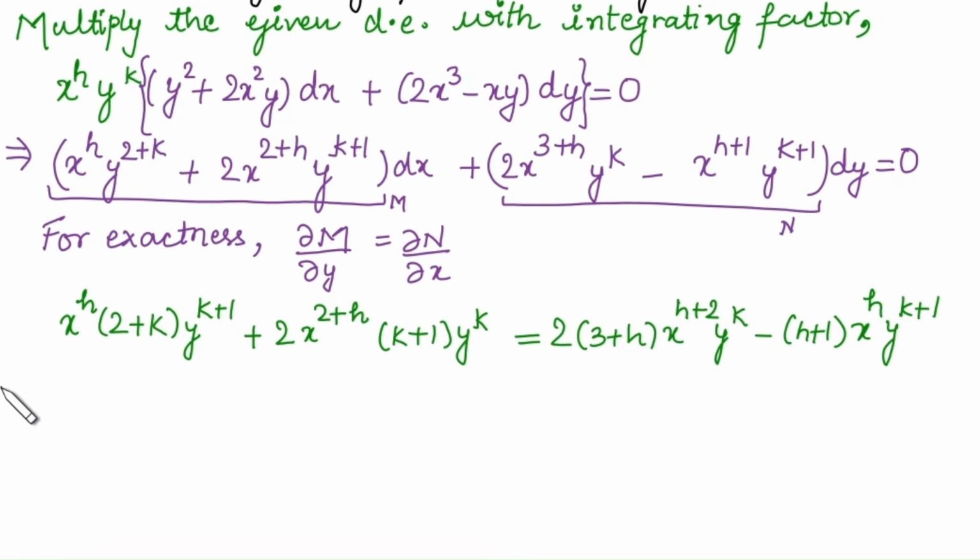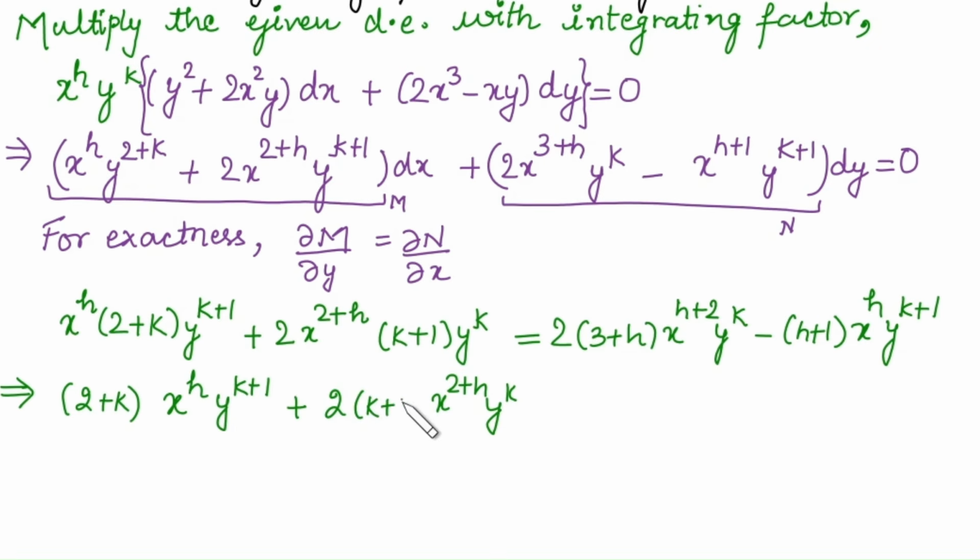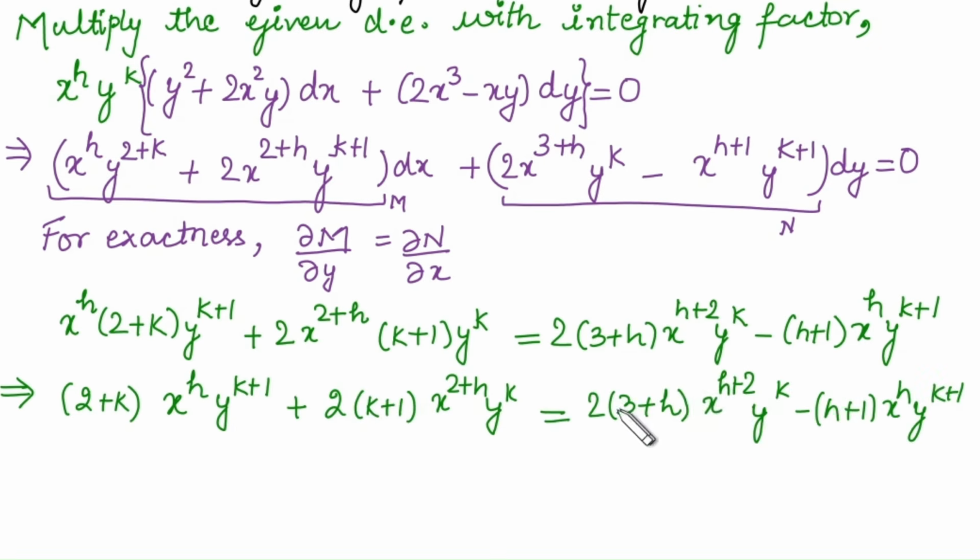To simplify this more, we can collect the powers of x and y together. We can write x raised to power h, y raised to power k plus 1. Its coefficient is 2 plus k. Here, x raised to power 2 plus h, y raised to power k, and its coefficient is 2 into k plus 1. On the right hand side, it is as it is.